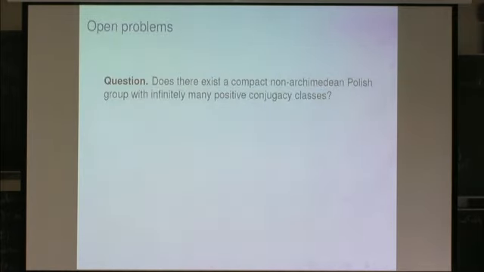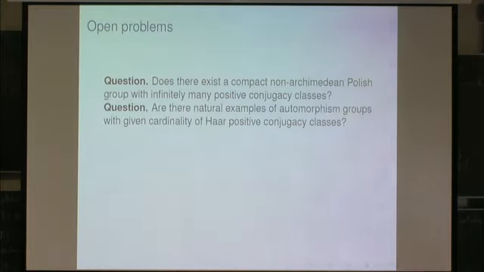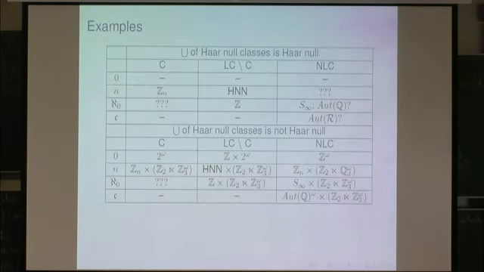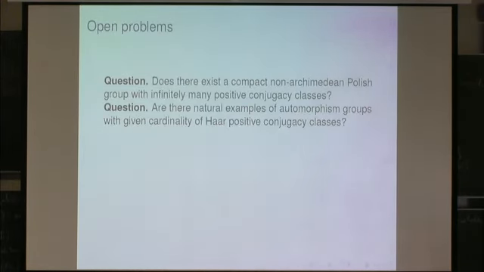Okay, I will finish with open problems. I've already mentioned this one about infinitely many positives in a compact group. Of course, these examples are very artificial. It would be nice to have more natural examples of such behavior.